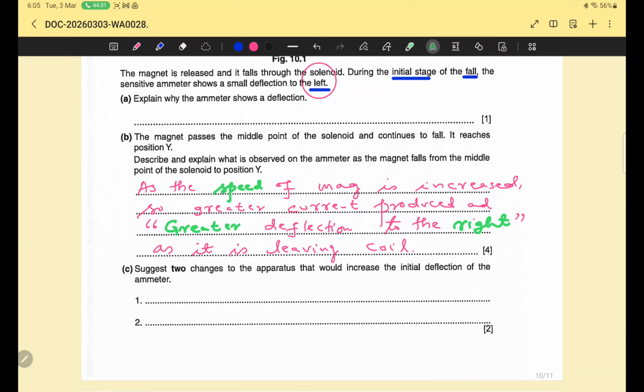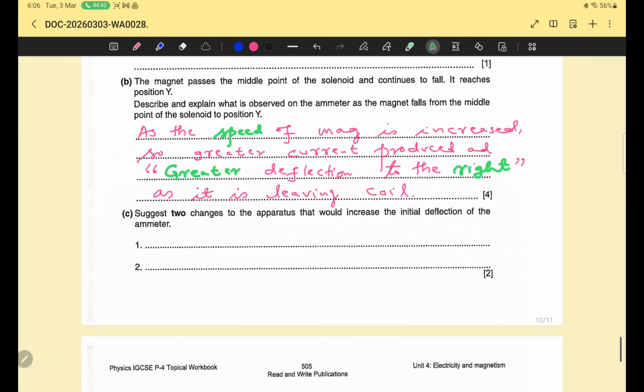When the speed of the magnet is increased, then obviously greater current, greater deflection. And now the C part suggests two changes to the apparatus that would increase the initial deflection of the ammeter. Okay. Now I am interested to increase the initial deflection.